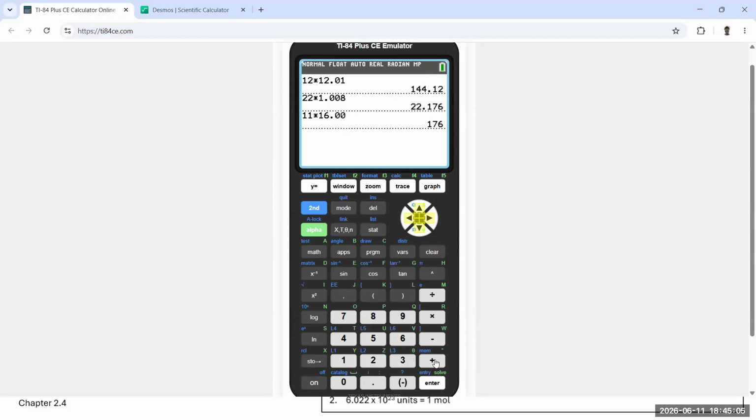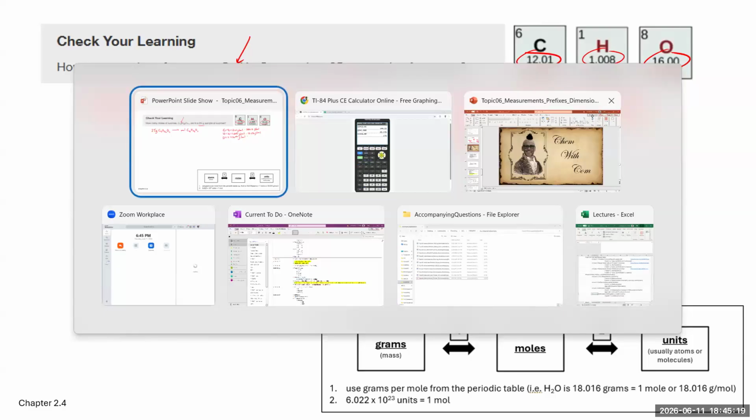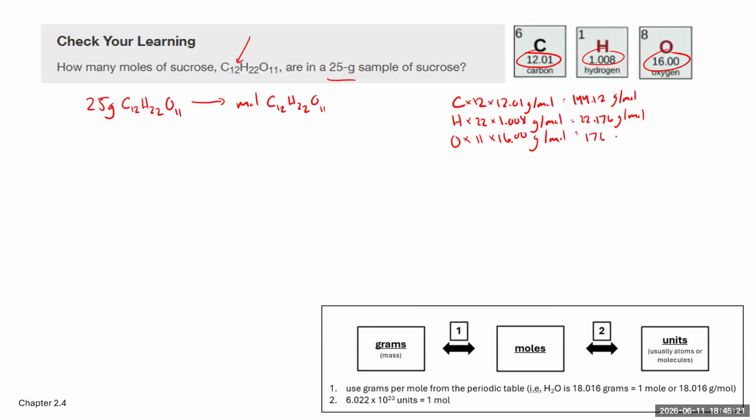Cool. So 144.12, again, that's grams per mole. 22.176 grams per mole. And then 176 grams per mole.